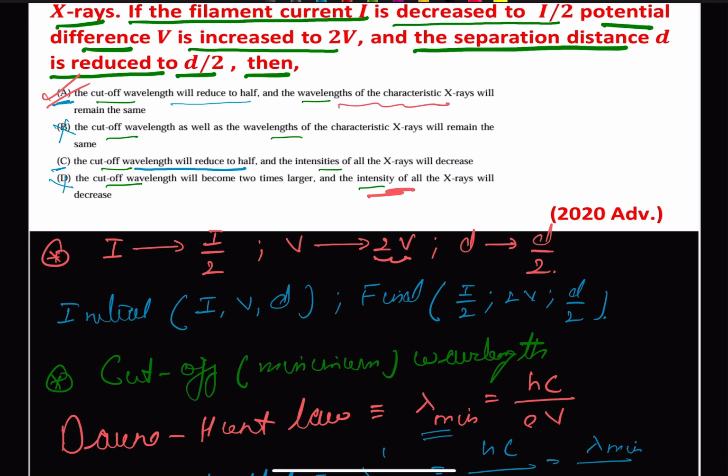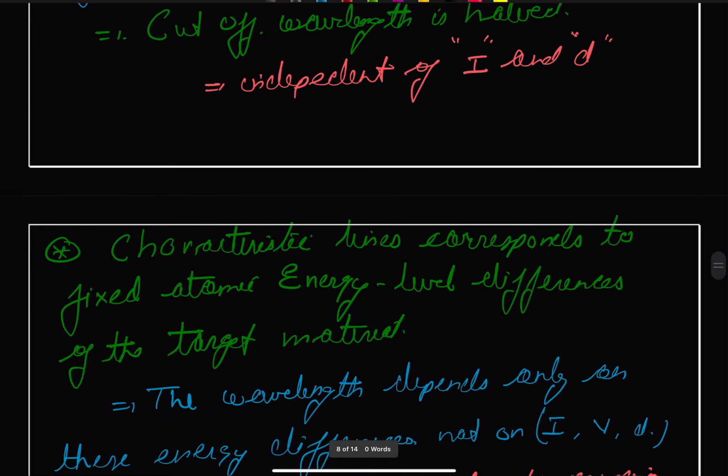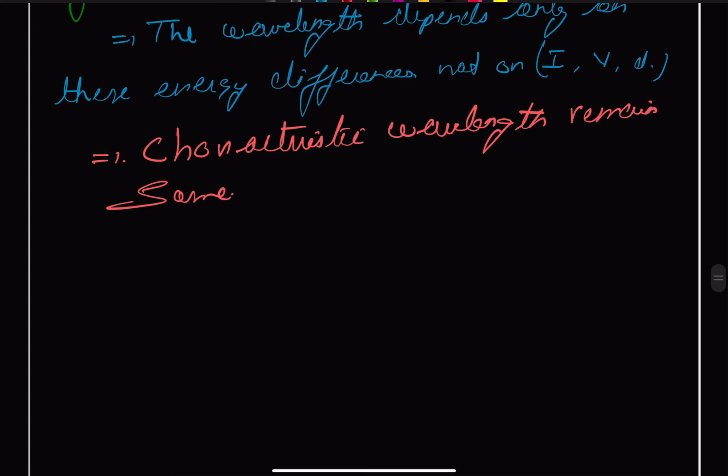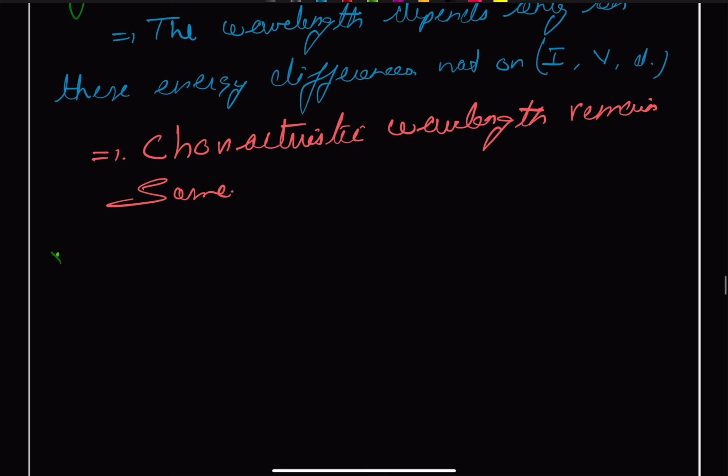Next we have to find out the intensity part. With respect to intensity, we can say that the X-ray intensity scales with the tube current.